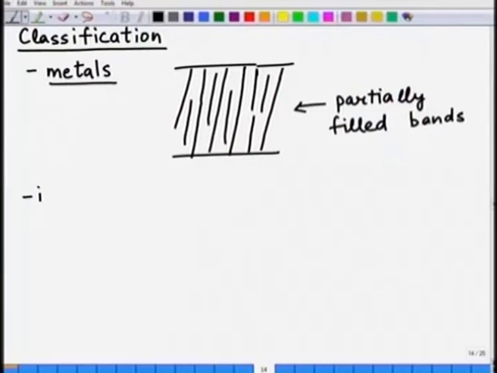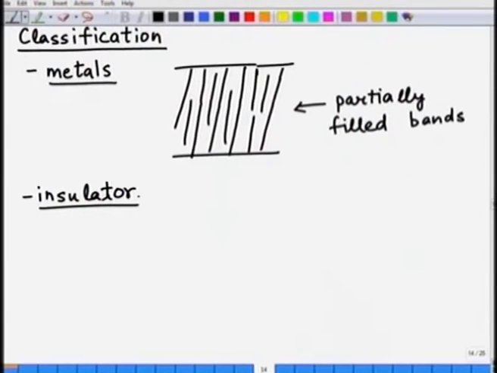Second, therefore, I will start looking at what is an insulator. You already know insulator is a material which has very low conductivity. It cannot conduct. So, what does that mean?